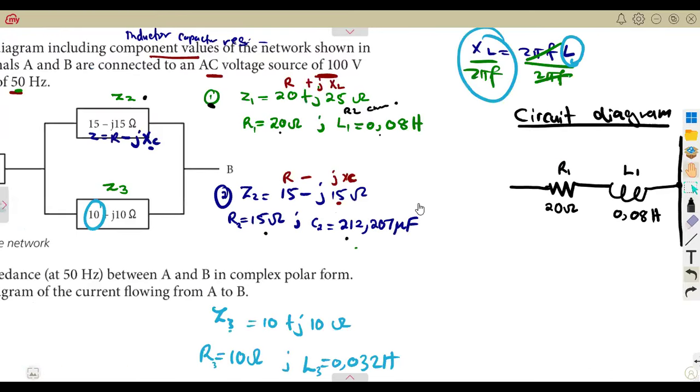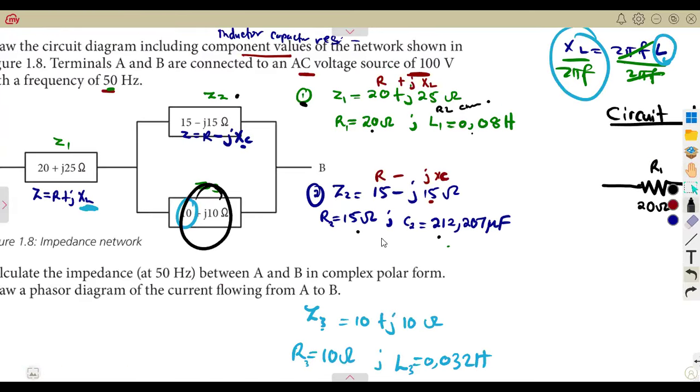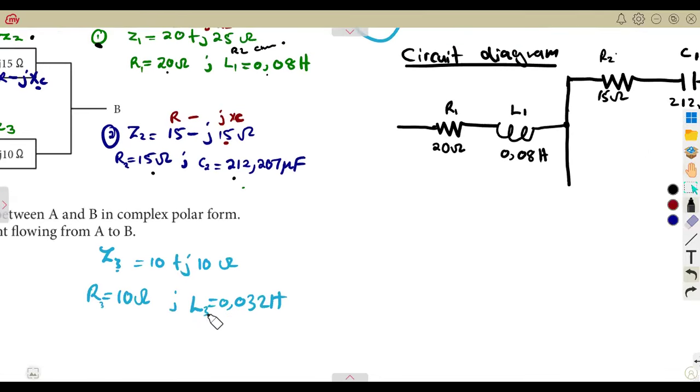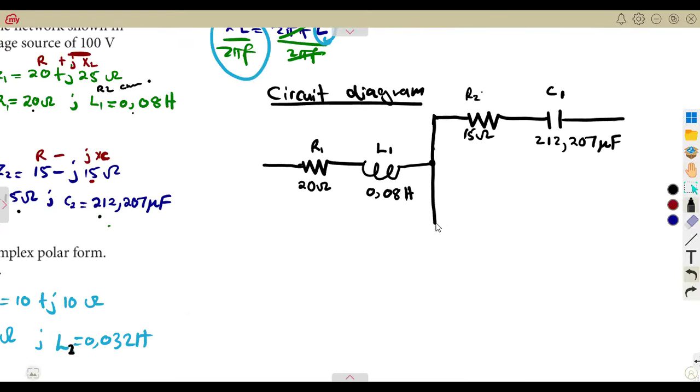Then we move on to this other connection. Remember there we had an inductive, a plus. So our Z3 is inductive. So there's another inductor. Remember, there is inductor 1, and this will be our inductor 2. There were 3 resistors there, which is fine.